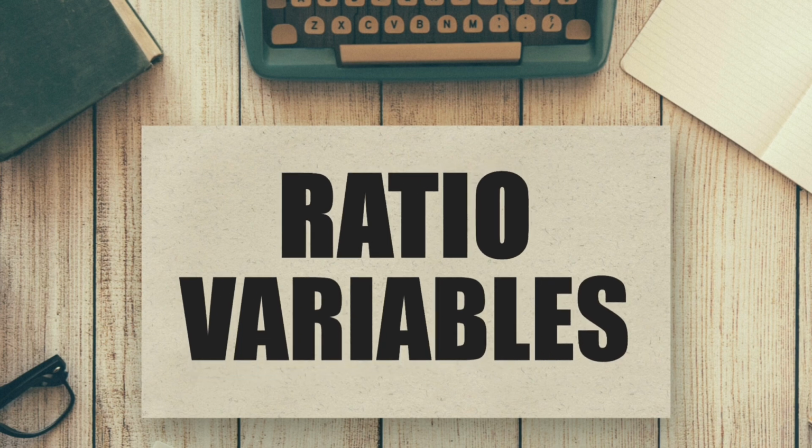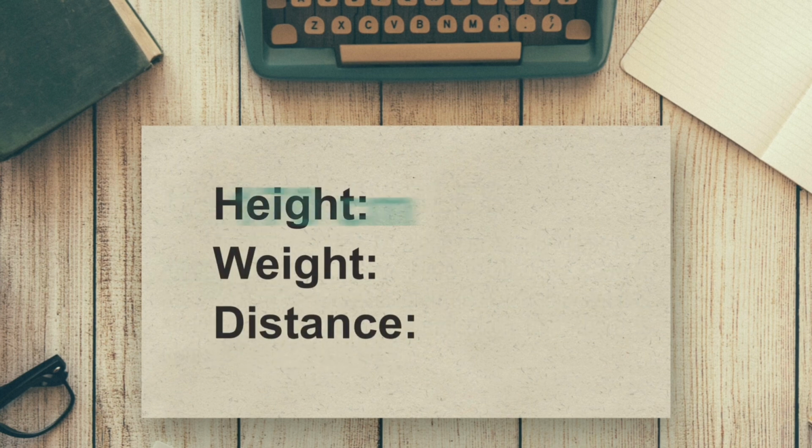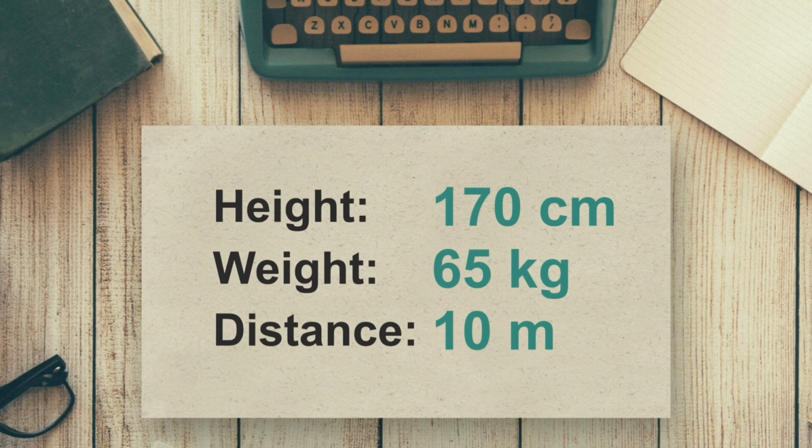Number 2, ratio variables. Ratio variables have values that lie along an evenly dispersed range of numbers when there is an absolute zero. It possesses the properties of an interval variable and has a clear definition of zero, indicating that there is none of that variable. Examples: height, weight, distance.